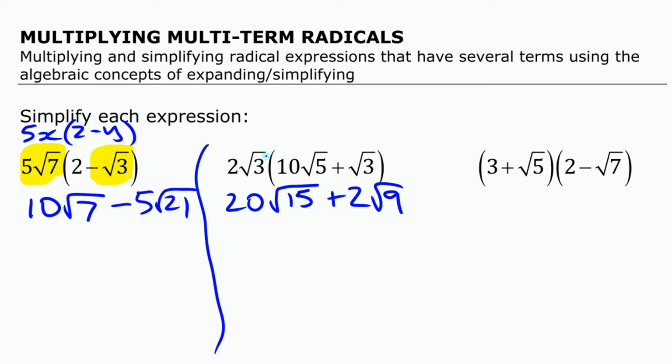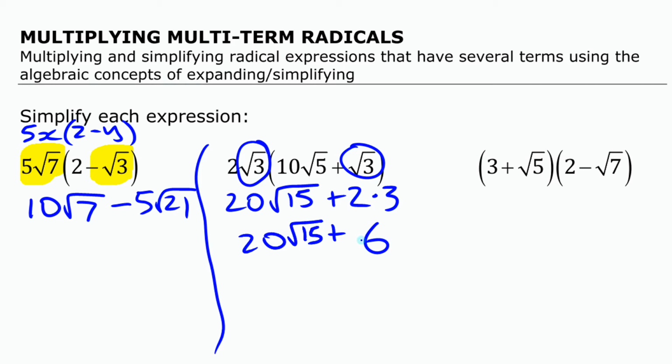It's probably a good habit to get into to recognize, though, if you're multiplying root 3 times root 3, just write it as 3, because that's what it is. Root 3 times root 3 is 3. All right? Whichever way you do it, you end up with 2 times 3 here, which is going to be a 6. And then 20 root 15, there's nothing we can do with this root 15 because it doesn't have any perfect square factors. So that means that that is our final answer there.